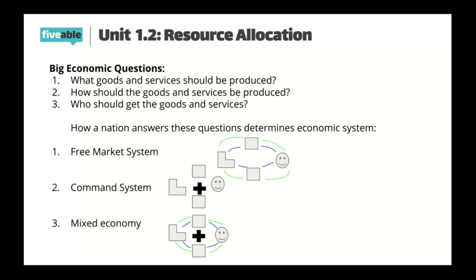Every society has to ask itself, and every economy has to ask itself, 3 major questions, or what we call the big economic questions. What goods and services should be produced? How should the goods and services be produced? Who should get the goods and services? These 3 questions and how they're answered, because is there an incorrect answer to this? Usually it's from the other side.